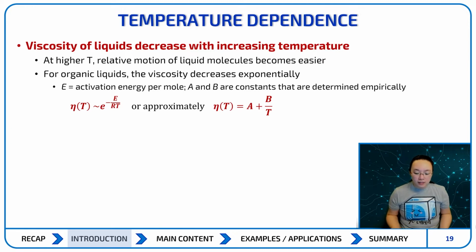And what this means is for liquids, neighboring molecules are going to interact with each other so that when the temperature increases, the movement of those molecules is going to become faster, easier, smoother, and most importantly, because of that faster movement, there's actually less intermolecular friction force.